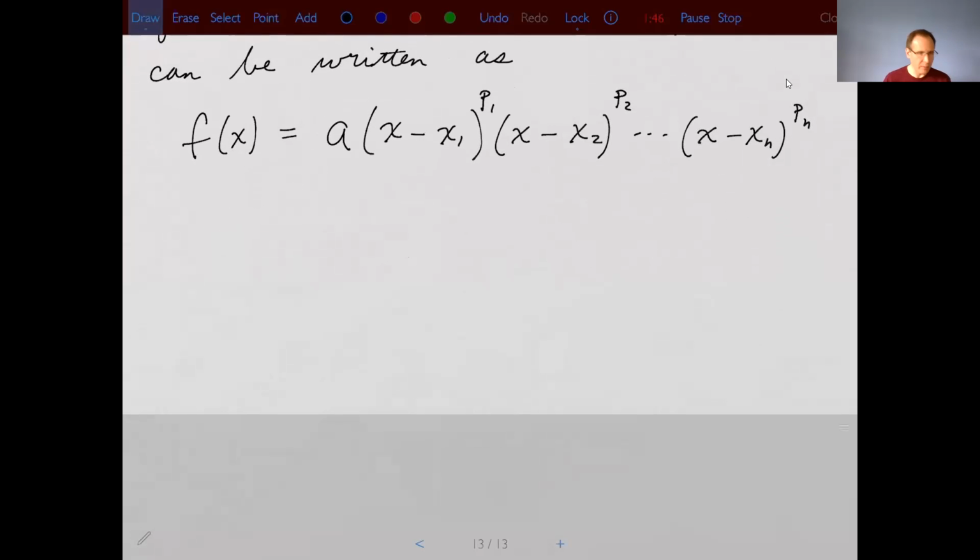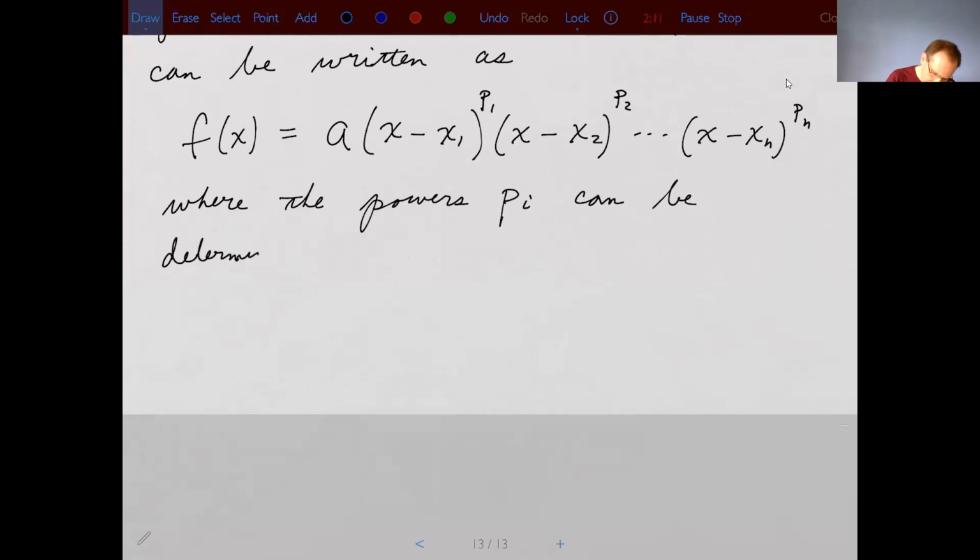So the powers, I'll call it p sub i in general, right? So p1, p2, all the way up to pn, can be determined by the behavior of the graph.